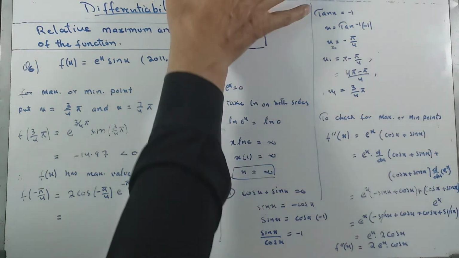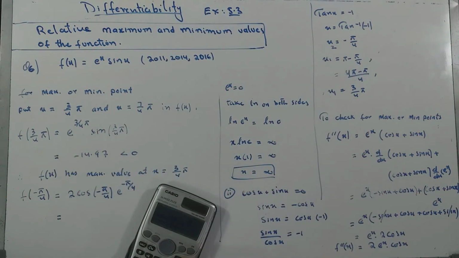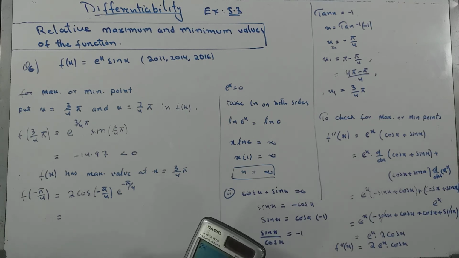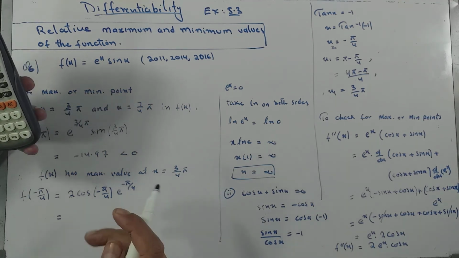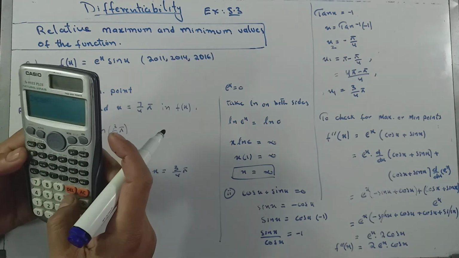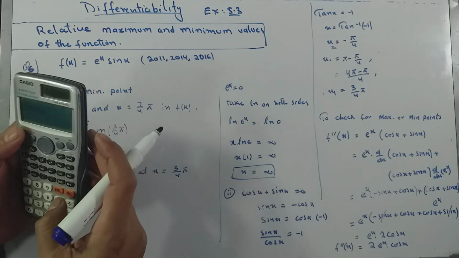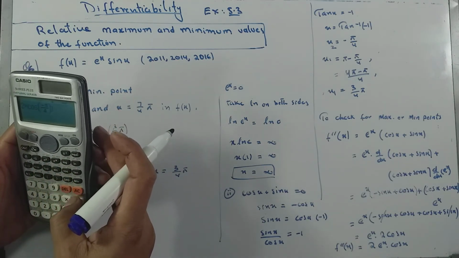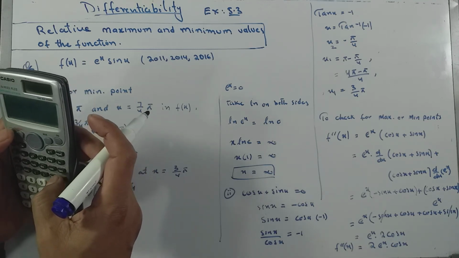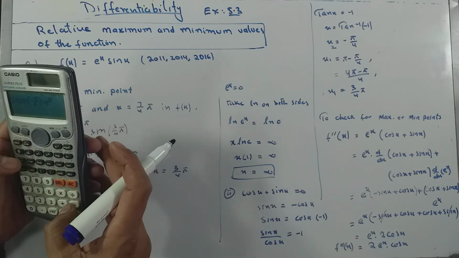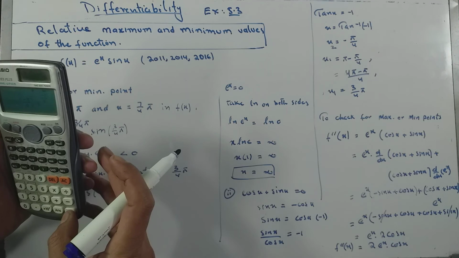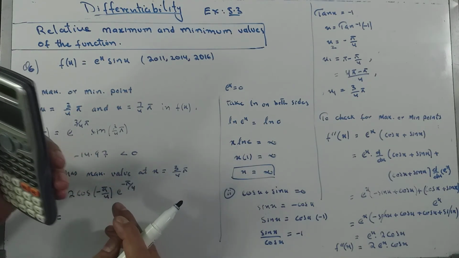So now put these values and we will get the answer: 2 multiplied by cos of minus pi upon 4, multiplied by e^(minus pi upon 4), and we got this value as 0.643.